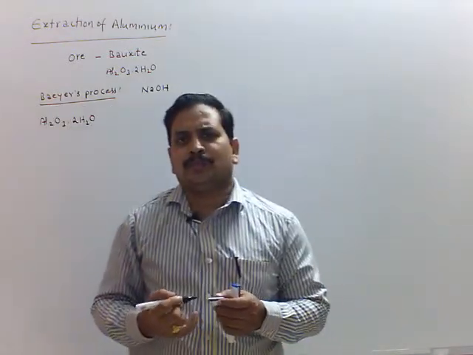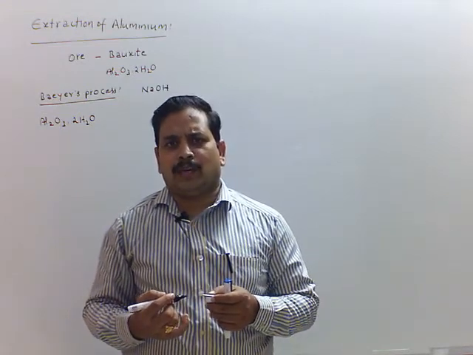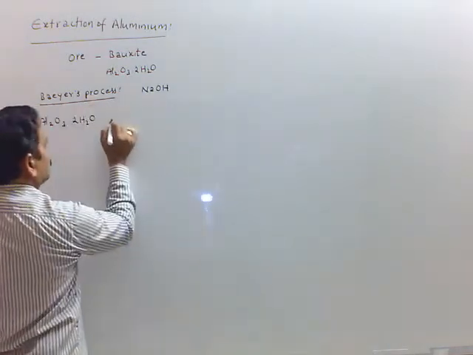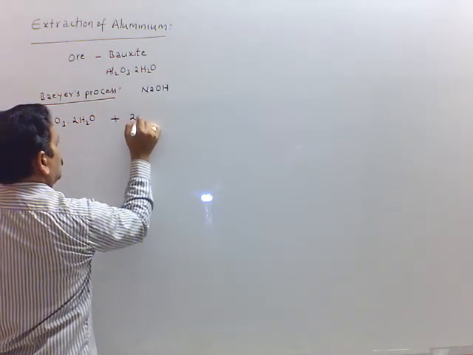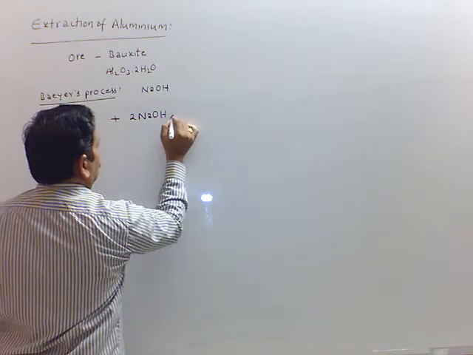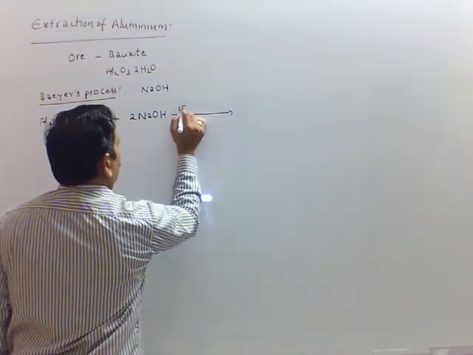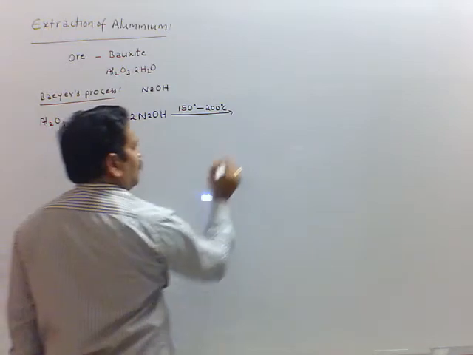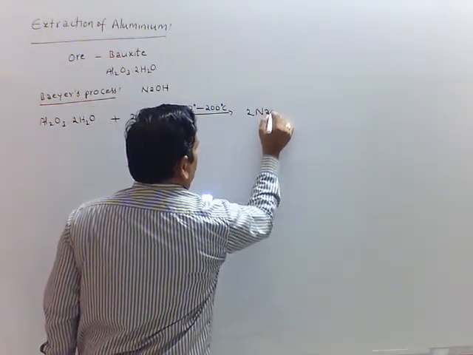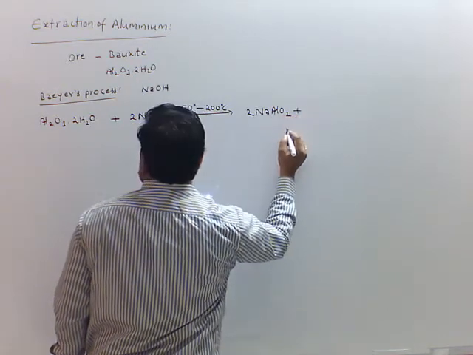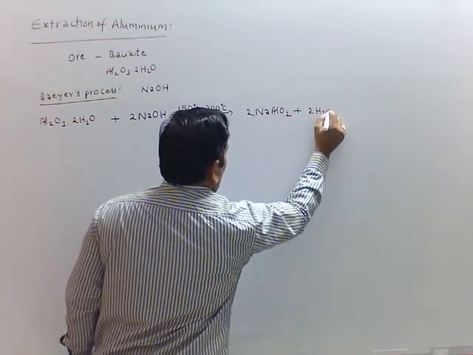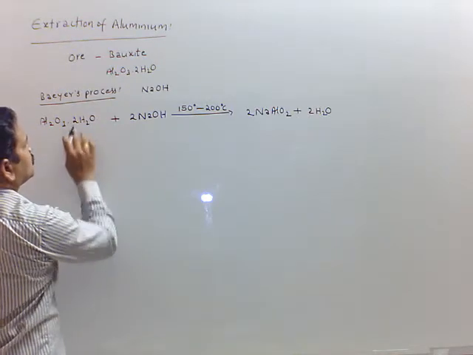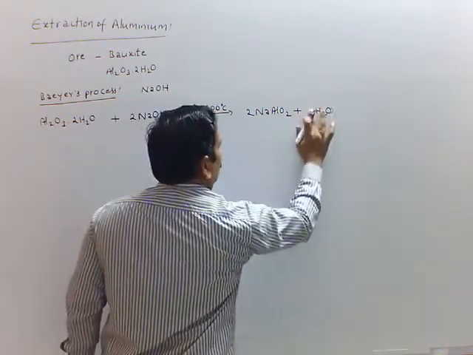It is heated with sodium hydroxide, 2NaOH, at 150 to 200 degrees Celsius, which gives sodium aluminate and 2H2O. Now here the 2H2O, it is 3H2O.